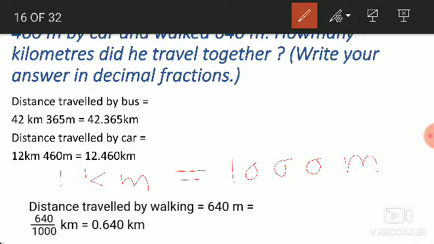That's why we divide this 640 by 1000. And how to write in the decimal form we have learnt already. 3 zeros are there, so we have to place the decimal point before 3 digits, means 0.640 kilometers. Here also whole number is divided by 1000, that's why decimal point comes here. Same will happen here.